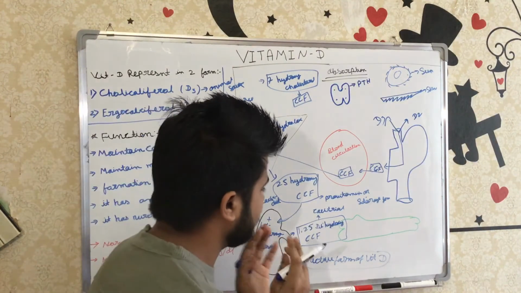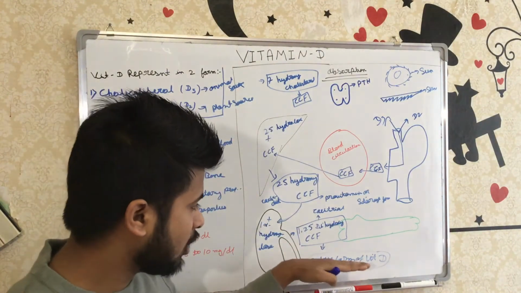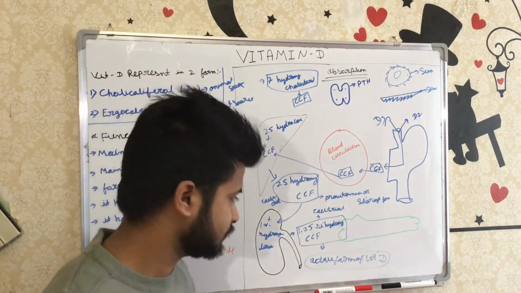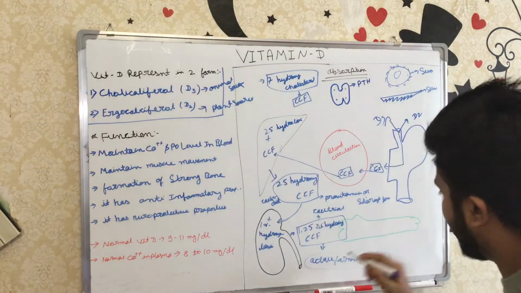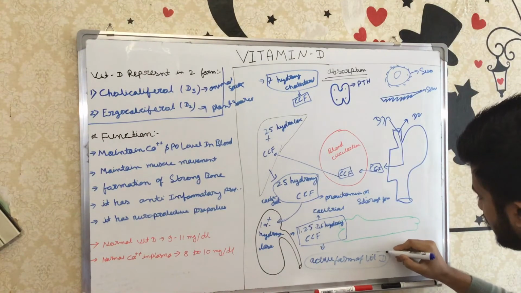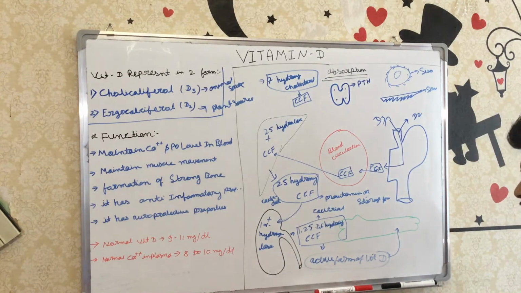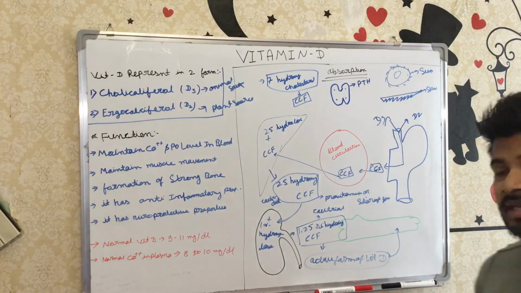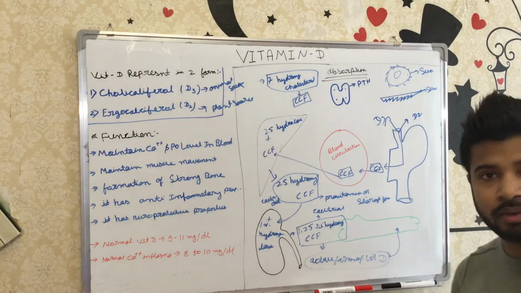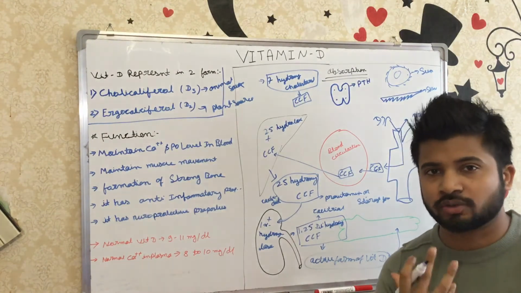Now the vitamin D is already activated. Now we'll see how it acts and how it maintains our calcium level in physiological conditions. The active form of vitamin D will first go to the bone, as we know the major storage of calcium is the bone. In the bone there are two types of cells, osteoblast and osteoclast.